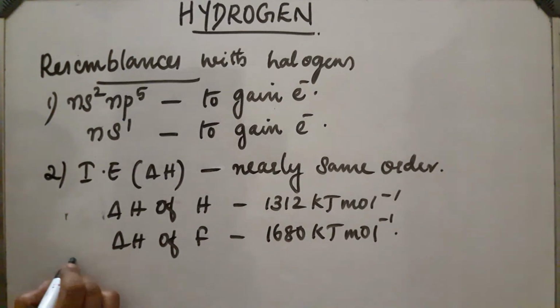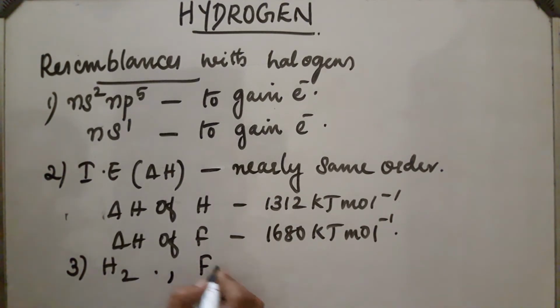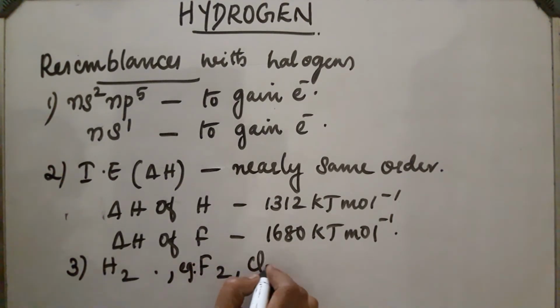Now, third one, hydrogen is diatomic, so it exists as H2. Similarly, halogens are also diatomic, for example F2, Cl2, etc. Next, fourth point, halogens and hydrogen form compounds with carbon. That is, hydrogen forms hydrides with carbon.